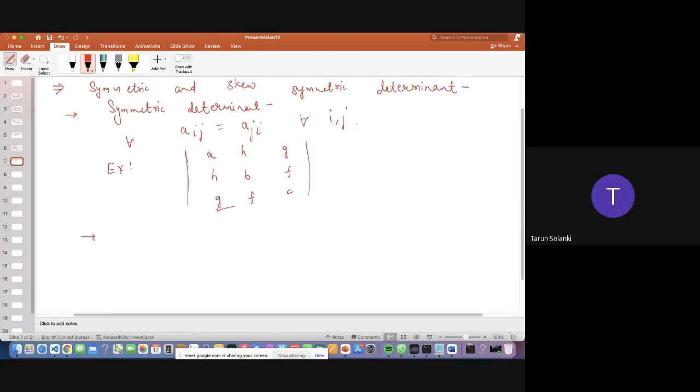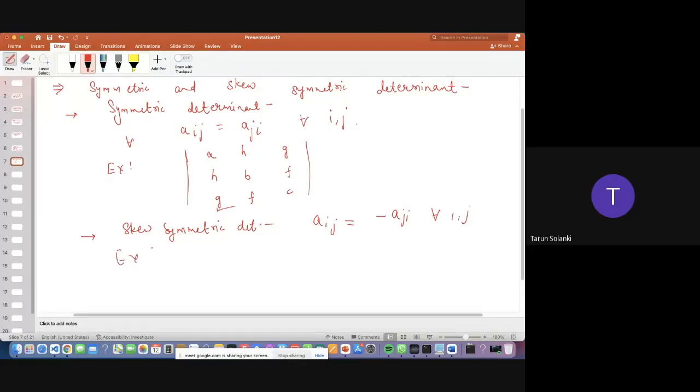Next is skew symmetric determinant. A determinant is called a skew symmetric determinant if for its every element aij is equal to minus aji for all i, j.